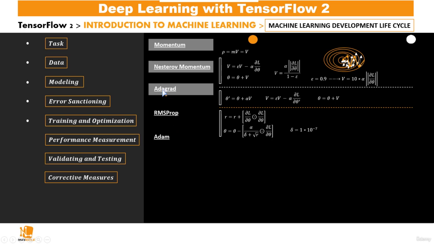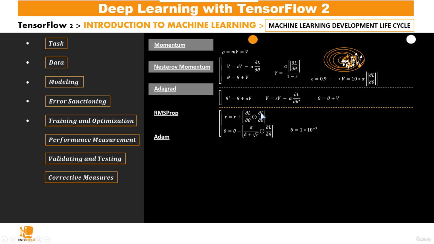This is an adaptive learning rate algorithm because, as we can see in this update, the learning rate, that is alpha divided by sigma plus square root of R, actually depends on the slope, the partial derivative of L with respect to theta.